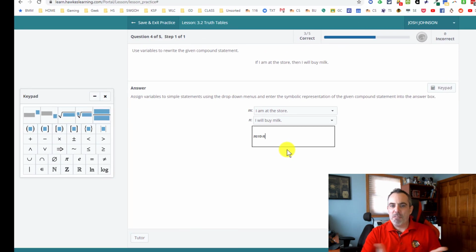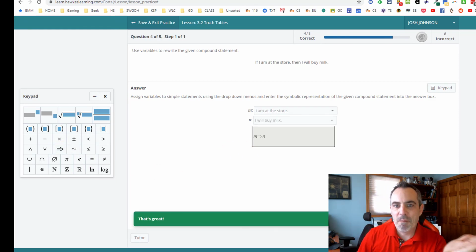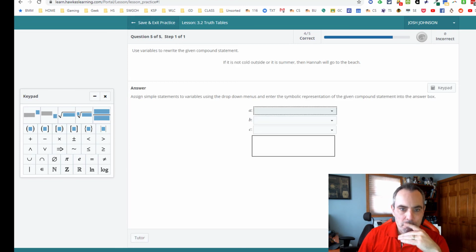If I'm at the store, then I buy milk. If I were to change that and say I am at the store and I buy milk, it would look like this. I am at the store, I will buy milk. If I am making a statement that says I am at the store and I am not buying milk, it's just translating that. So since I've defined them as M and N, here is, if I'm at the store, then I will buy milk.